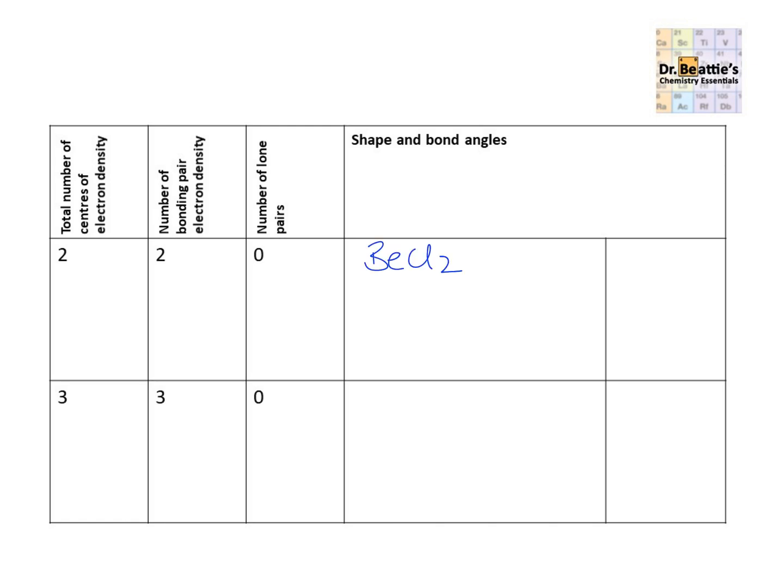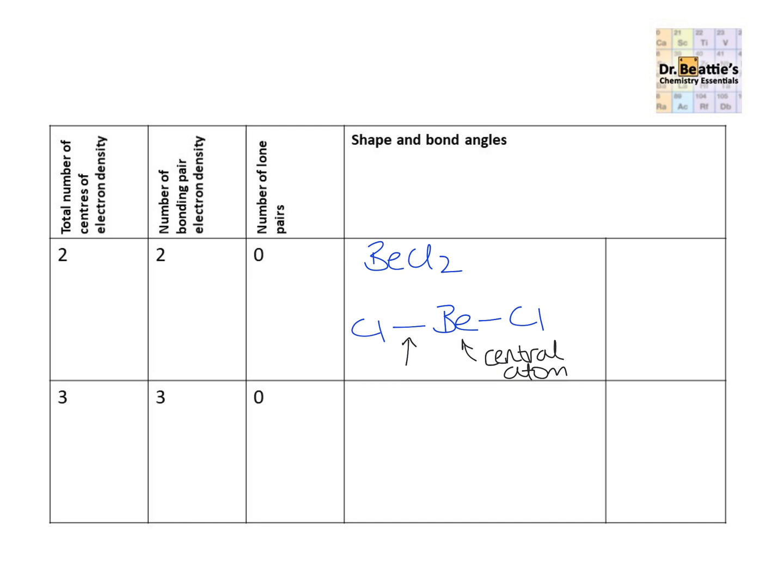So we have our formula here, and as we've noted before, beryllium would be first because that's our central atom. So we're going to draw the beryllium in the centre and draw the 2 chlorines either side of it. Now you can see here we have 2 areas of electron density around the central atom. And this is our first area of electron density, which is a bonding area.